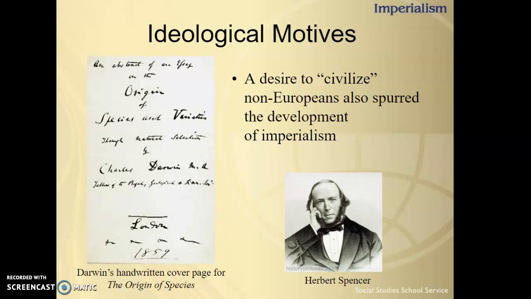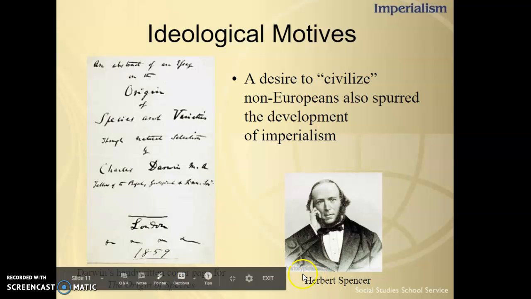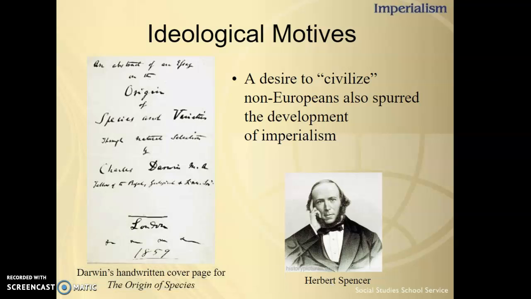Also going into their thought process is the work of Charles Darwin, The Origin of Species, which you have probably heard more about. It combines into this idea of social Darwinism, where the Europeans felt it was their duty to civilize non-Europeans, and they look down on them, feeling they're less than themselves.